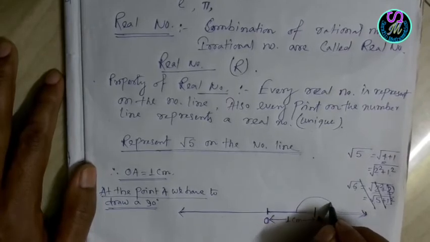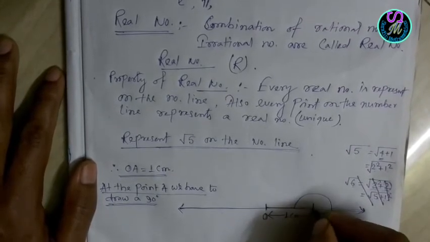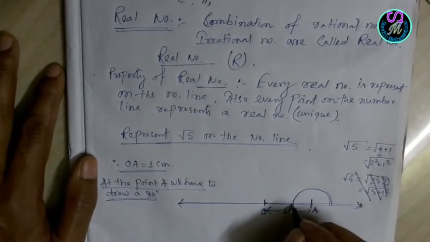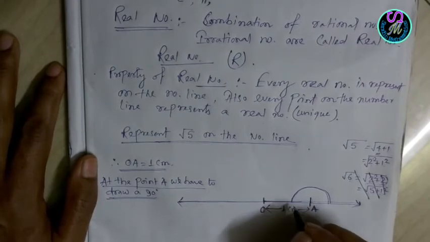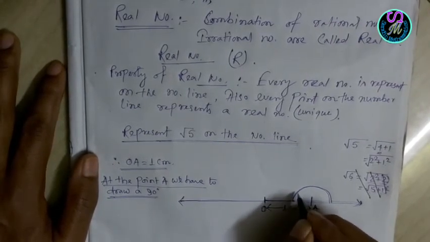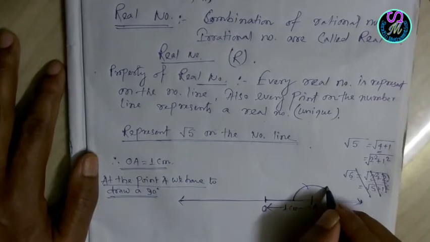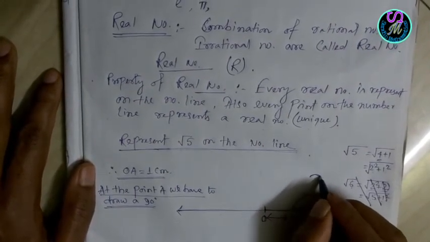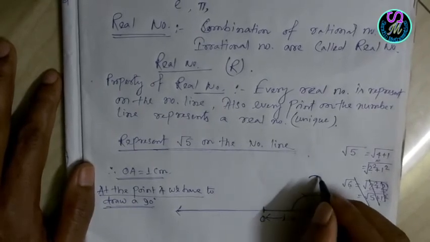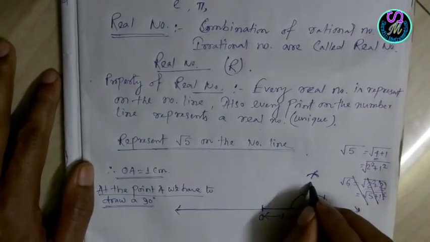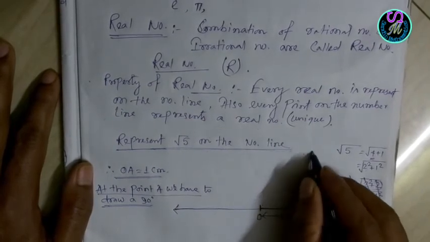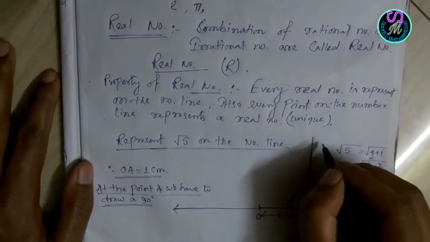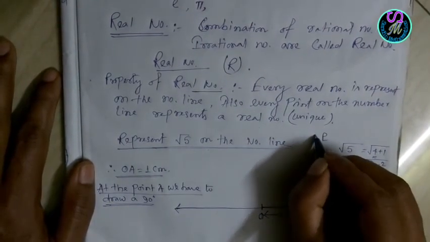At point A, we draw a semicircle with the same radius, starting from this point and then from the other point, and then we join these two points. Now this one is any point, like P.